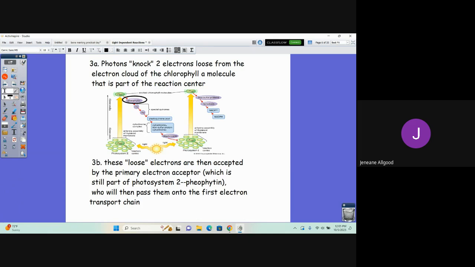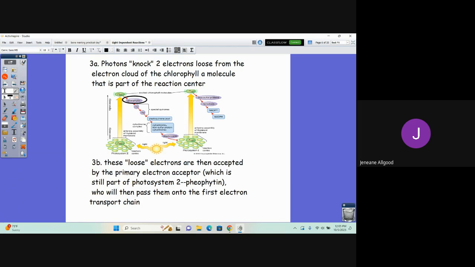Okay, so that's basically what happens during the electron transport chain. We know that those electrons cannot stay excited very long because they're not stable at that excited state. And so they will be passed to different proteins in the electron transport chain. And as they do, they are slowly losing energy. But remember what we said about energy in the last unit.